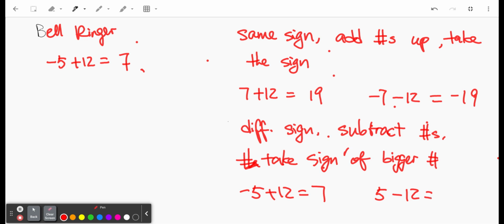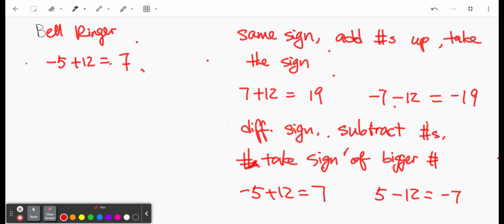Subtract. Very good. So subtract 12 and 5 is what number? 7. And then you take the sign of the bigger number. So our bigger number here is 12, right? And the sign in front of 12 is negative. That's why we have -7. All right, so that's a recall, a refresh for how we add and subtract the integers.